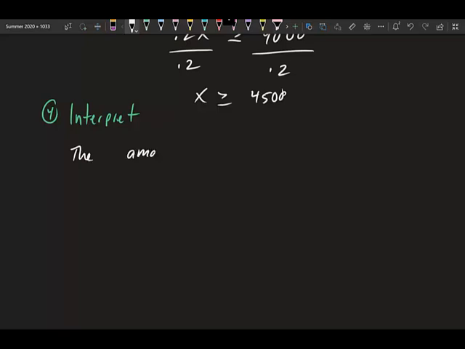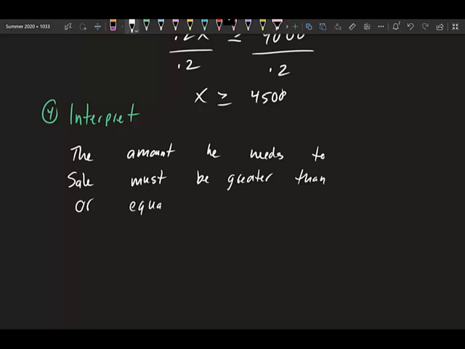So the amount he needs to sell must be greater than or equal to $4,500 to make $1,500 a month.